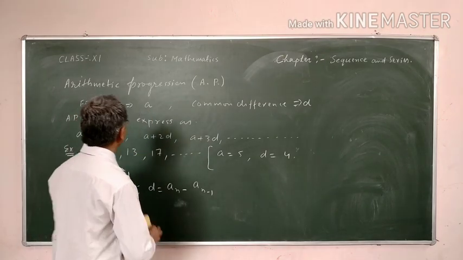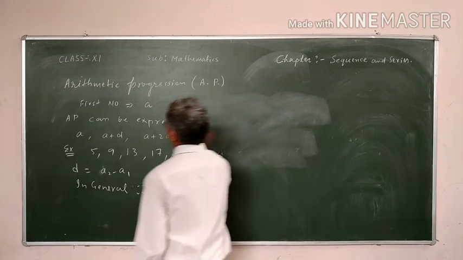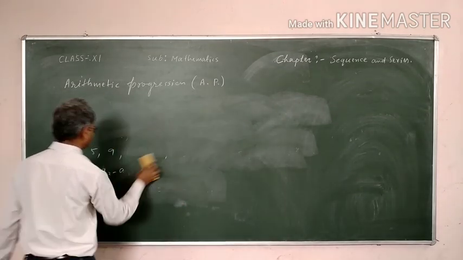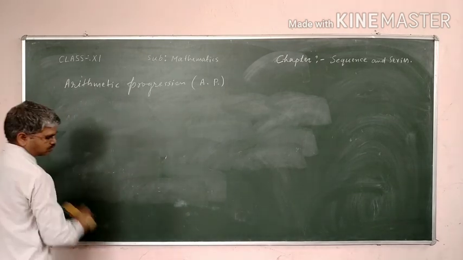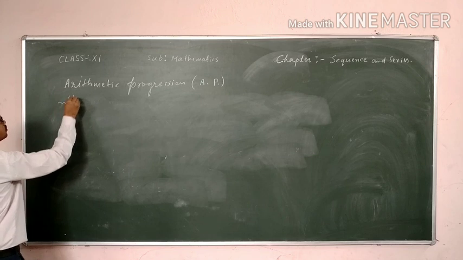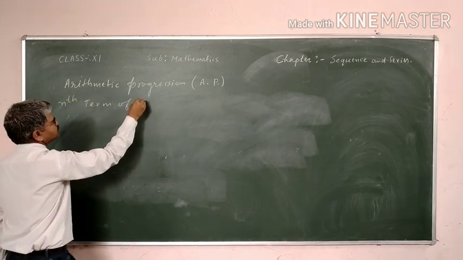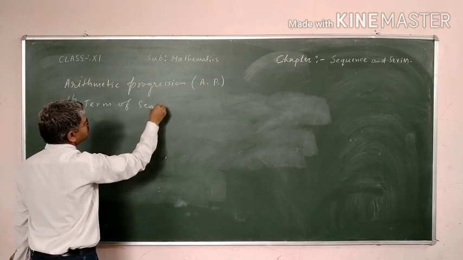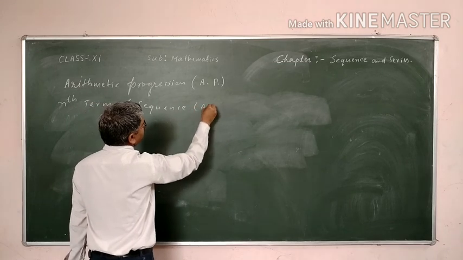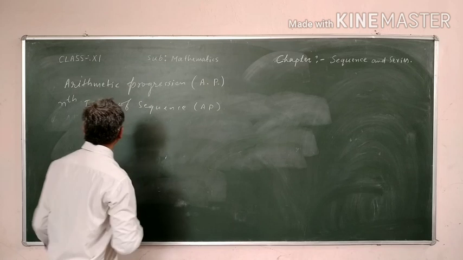Now I talk about the nth term of the sequence. The sequence name is arithmetic progression.